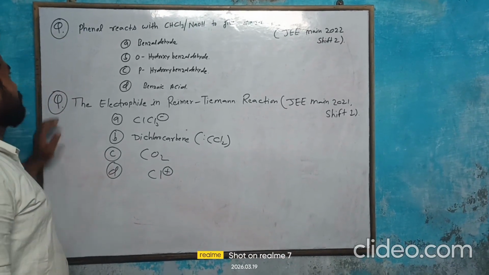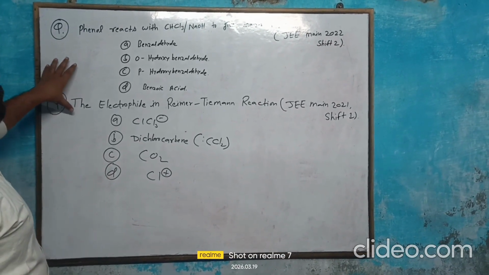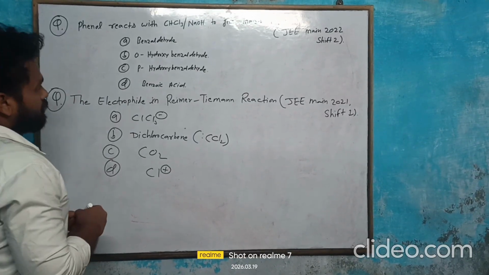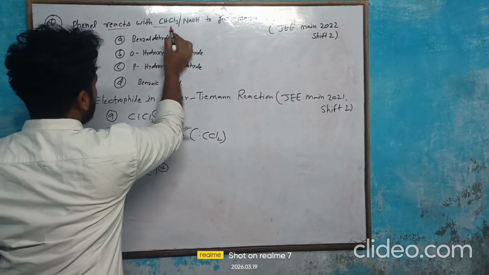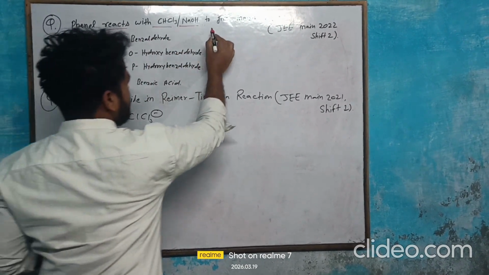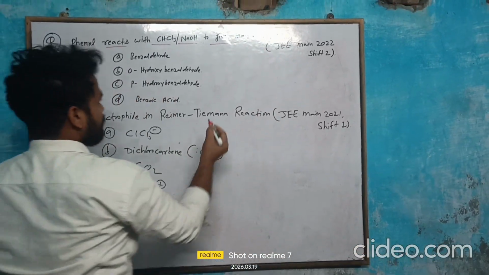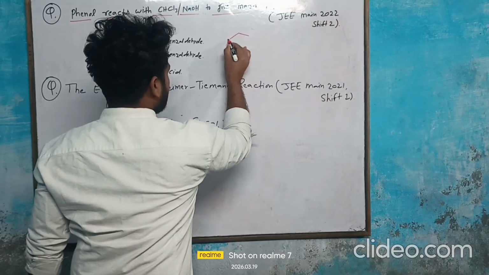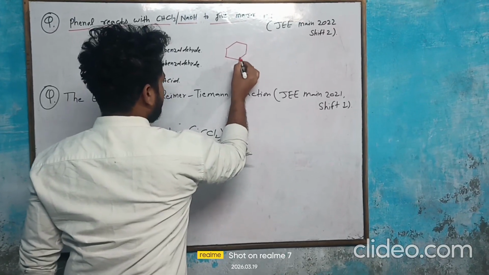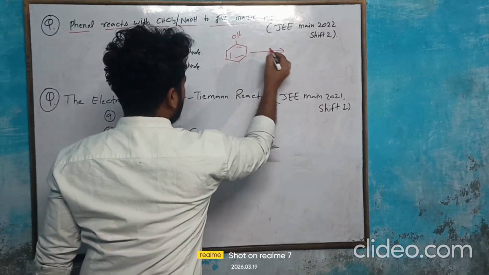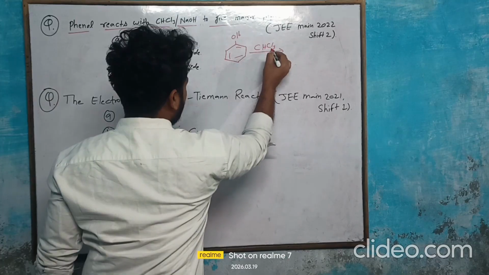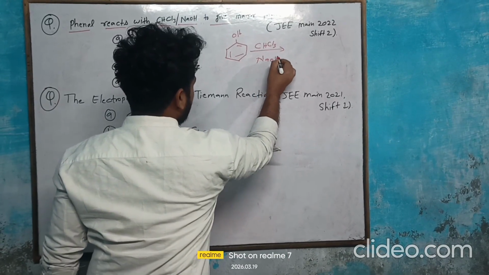Now these two questions belong to the Riemann-Tiemann reaction. Here the first question is, phenol reacts with CHCl3 and NaOH to give the major product. I have already discussed this: phenol reacts with CHCl3, chloroform, and NaOH.